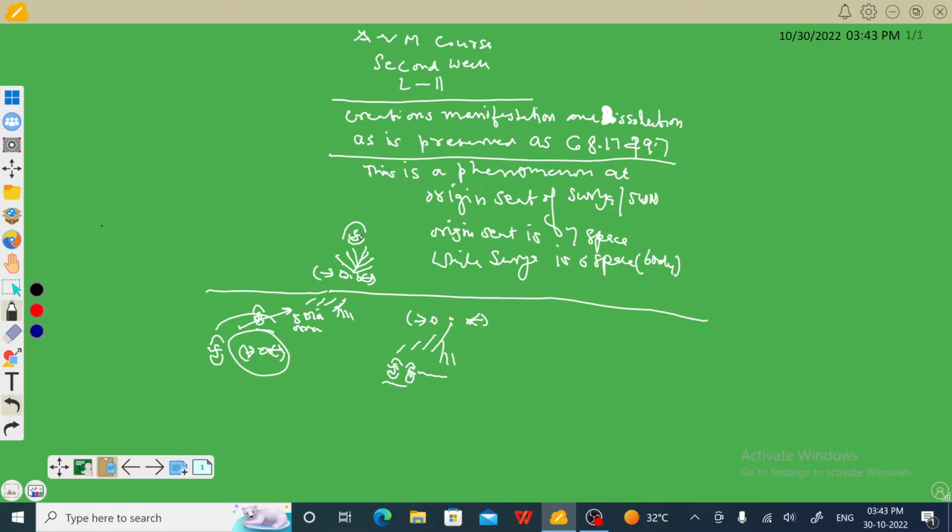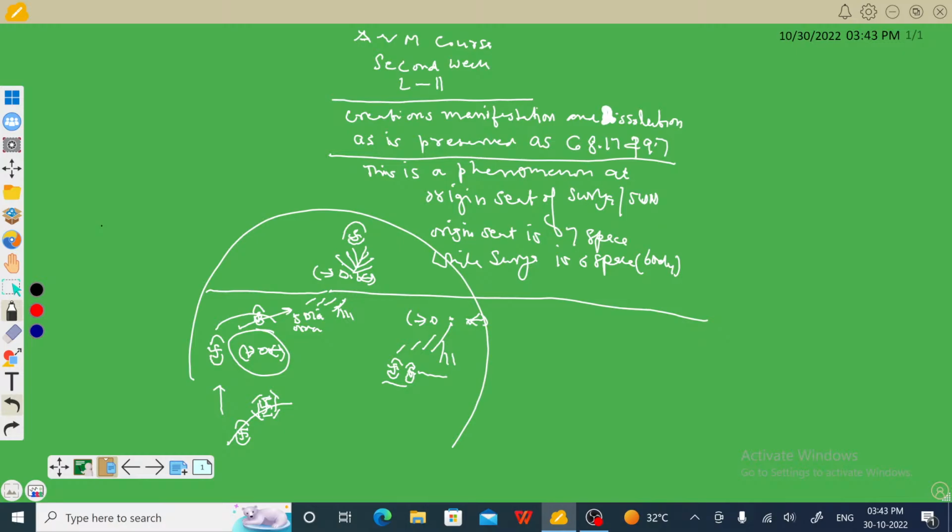As such, we can see that this 5 space in its translation would mean a force space in a dynamic state, and this dynamic state is going to be through this cycle.